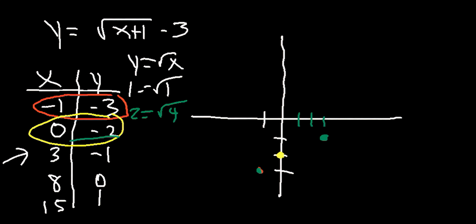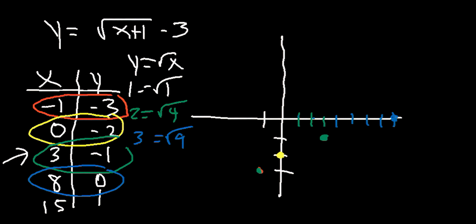So notice we have this point, 3, negative 1. And then the square root of 9 is 3. So as we go 9 to the right, it's going to go up 3, so it's going to be over here, which is 8, 0. So notice this technique gives you the points without actually making a table. And if you can master this technique, you can graph equations at a very fast rate. So our graph looks like this.